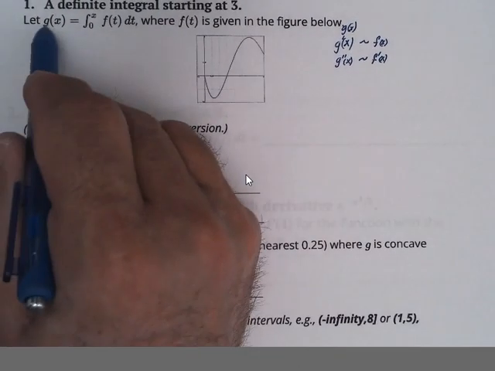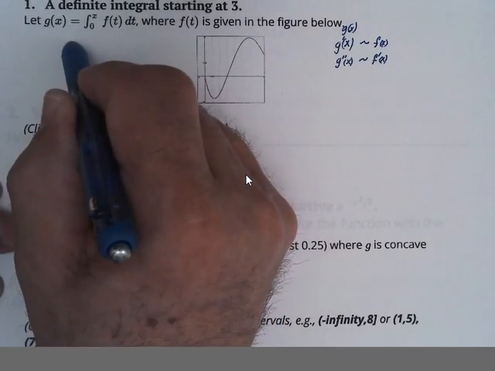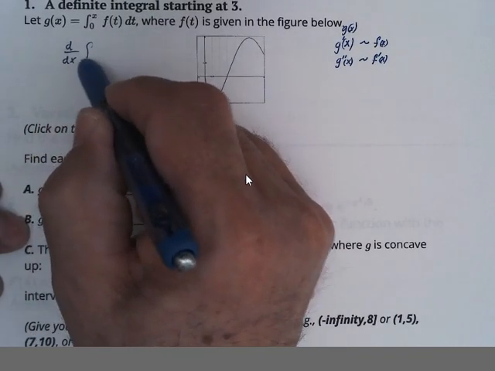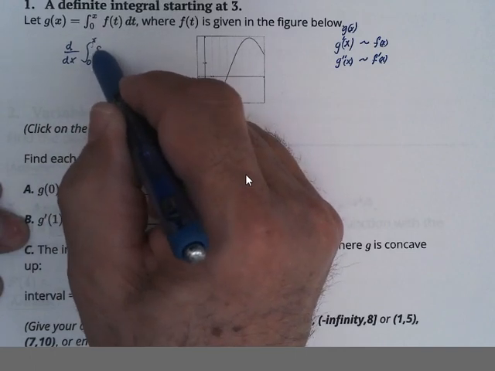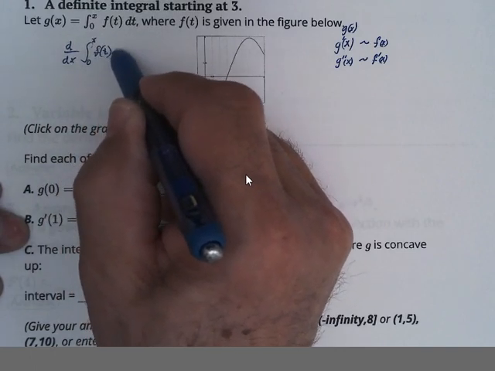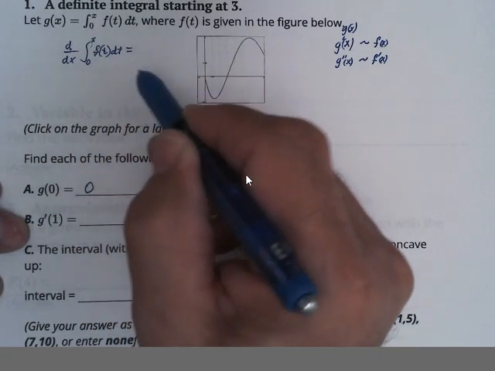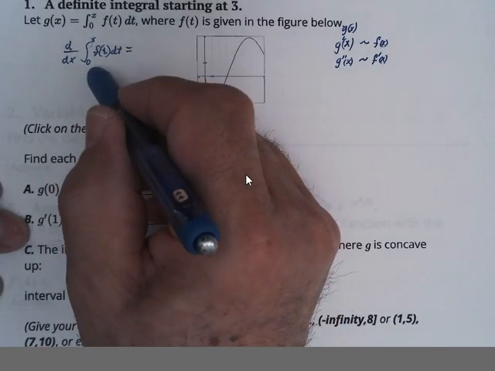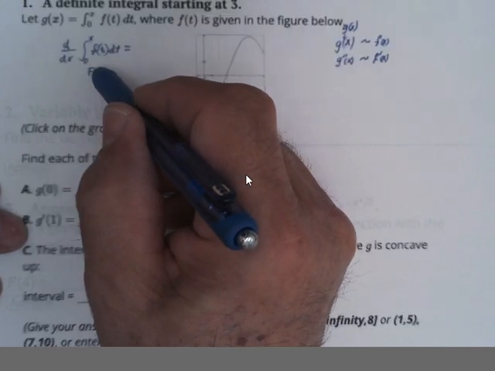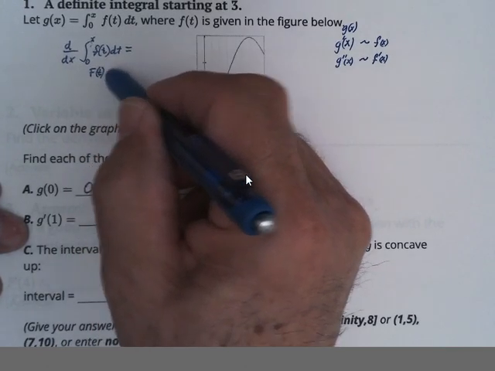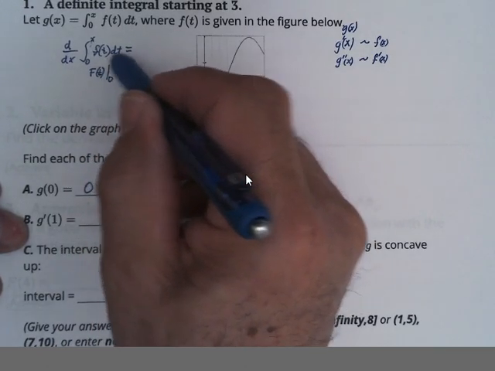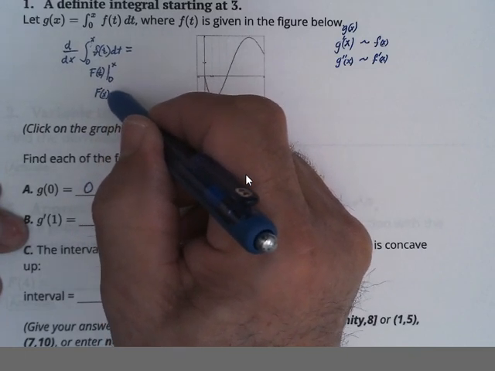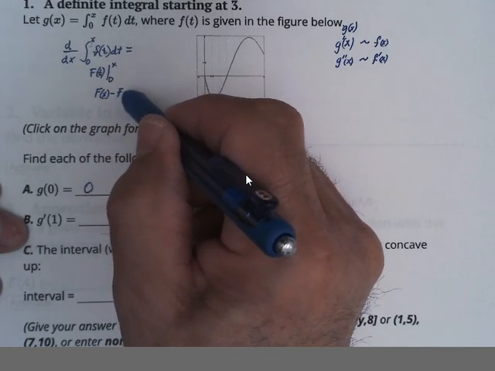Well, g prime, the derivative with respect to x of an integral from 0 to x, f of t dt, we learned in class, is just whatever this antiderivative is, capital F of t, evaluated from 0 to x, so we plug in x and we get F of x minus F of 0.